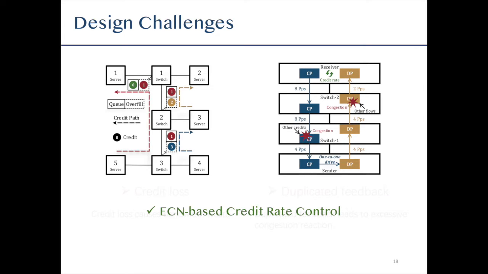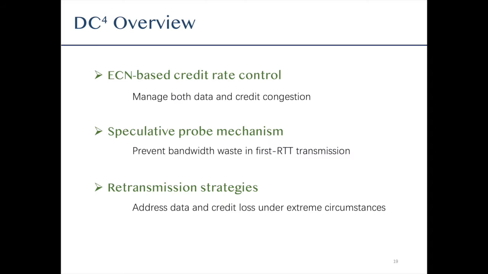To solve these two challenges, we propose ECN-based credit rate control, queuing the credits and adjusting the credit sending rate when the queue exceeds a threshold to prevent credit loss. Besides, we employ ECN as the congestion signal from both credit and data planes to avoid duplicated congestion reactions.